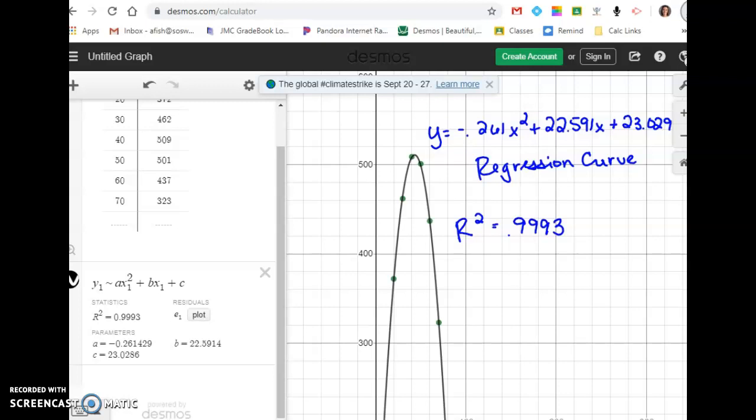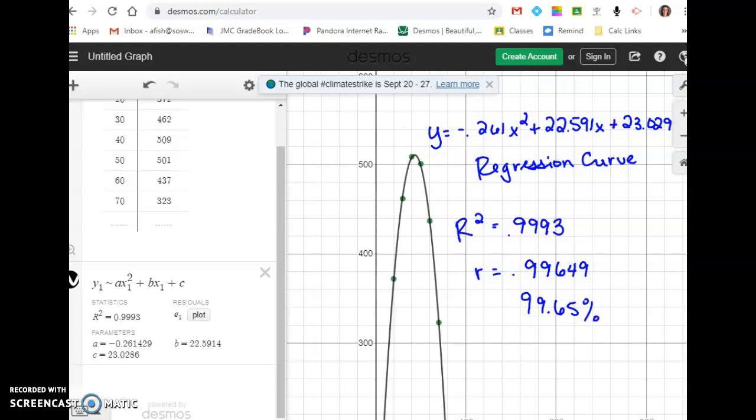Now, the reason why it's squared is because with this, we don't necessarily have a direction in terms of strong or weak. So that's why we just list the r squared. So you actually have to calculate the r then. So I take the square root of that, and my r value is going to be 0.99649. So that's pretty darn strong because 99.65% of my data will fall on that regression curve.